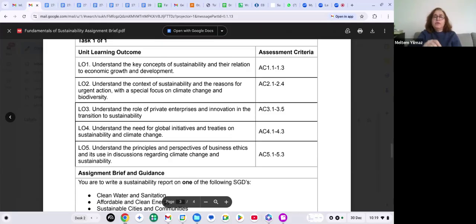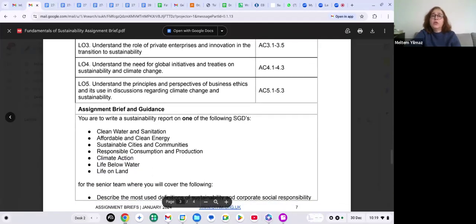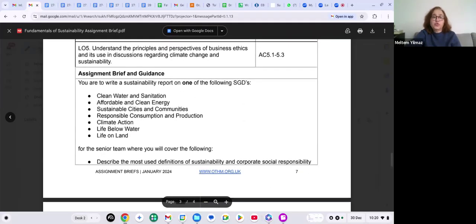And then we want to see in the paper if the learning outcomes are related to the Sustainable Development Goals, and your report emphasizes the following sustainable development goals for the senior team, where you will cover the following issues.